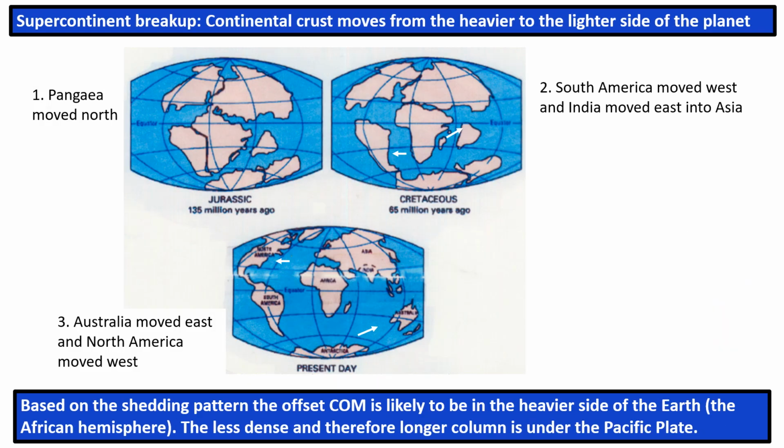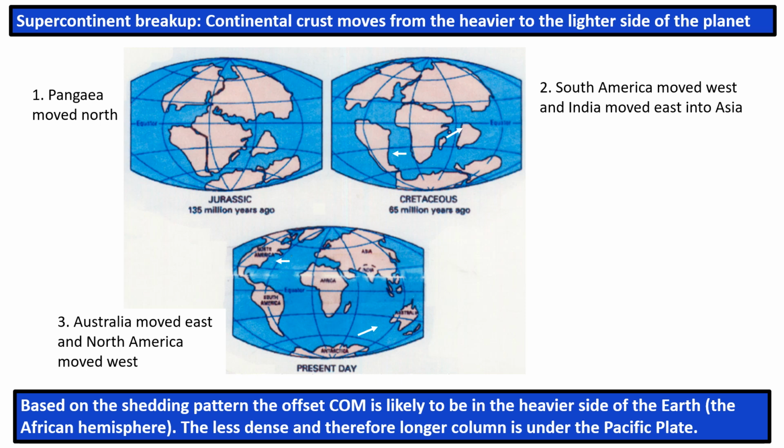Well, what we see at the breakup of Pangaea appears to be all the pieces of crust moving away from Africa over time. And that leads Bob to think, well, Africa must be the heavier side of the planet. And what we're seeing is a shedding pattern where all of the pieces of continent are moving away from the heavier side towards the Pacific, which is the lighter side.